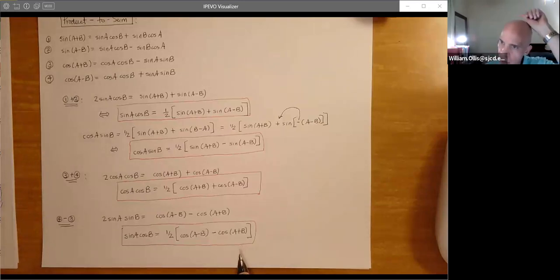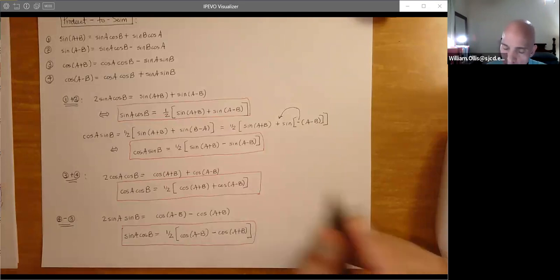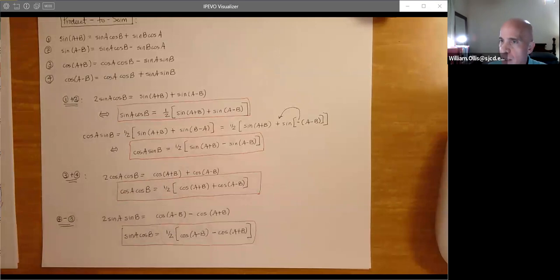When you get to the calculus, when you get to differential equations, those of you that are future electrical engineers, when you do Fourier analysis, you'll be spending lots of time with this. That's one of my favorite research topics. When I was a kid, I was always fascinated by Fourier series.